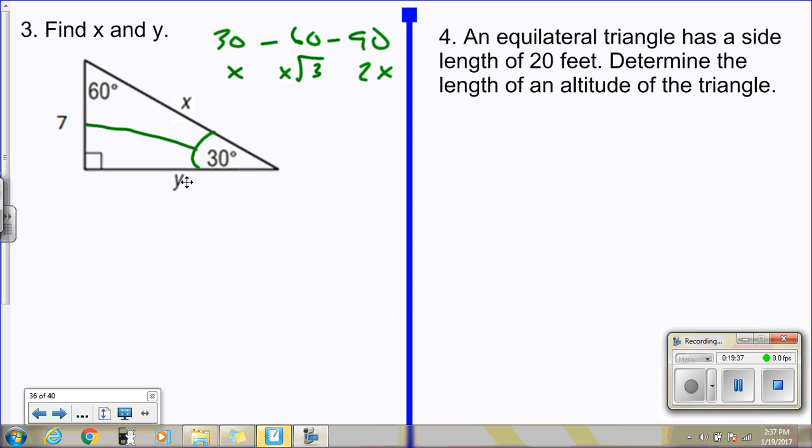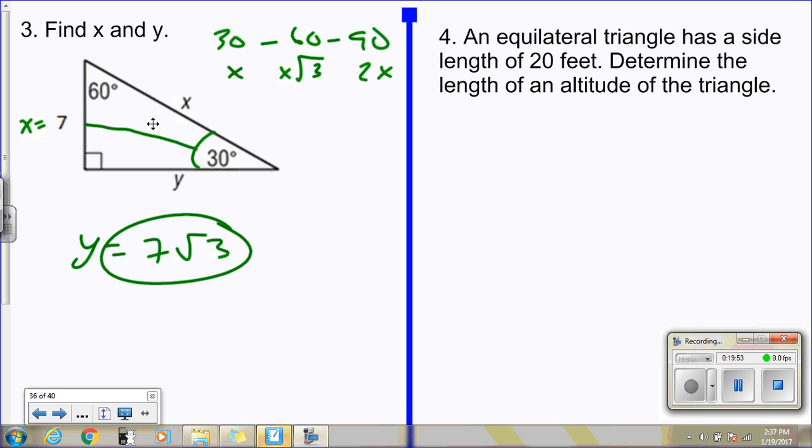So now, across from the 60-degree angle, y is going to equal 7 root 3 because it's across from the 60-degree angle. And then x is across from the 90-degree angle. I know there's a lot of x's going on, but across from the 90-degree angle is supposed to be 2 times the short leg, so 2 times 7, so that means it's 14.